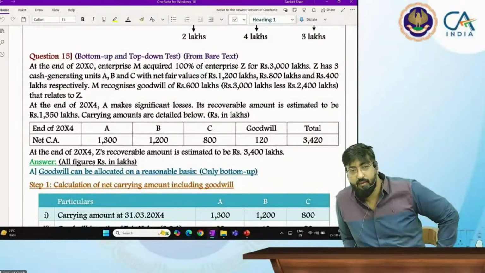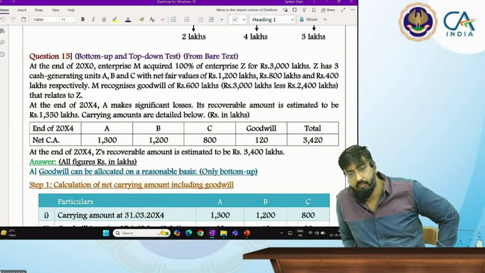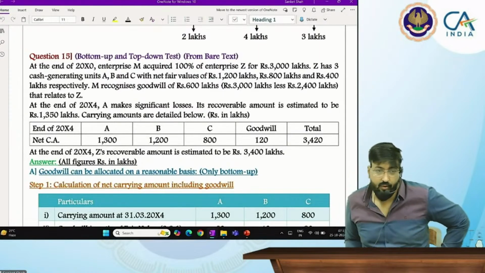In this case, sir, if we take only the bottom up, then the goodwill will be calculated and assigned on a pro rata basis to all the three units A, B, C for the enterprise Z. And then while calculating the revaluation of component A, the difference between the goodwill post revaluation amount and the goodwill assigned amount will be added as an impairment loss. Okay, let's check it.